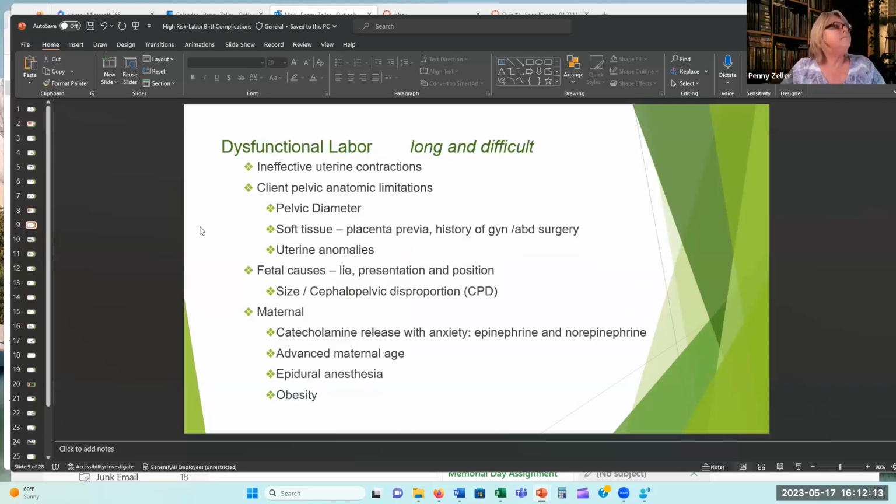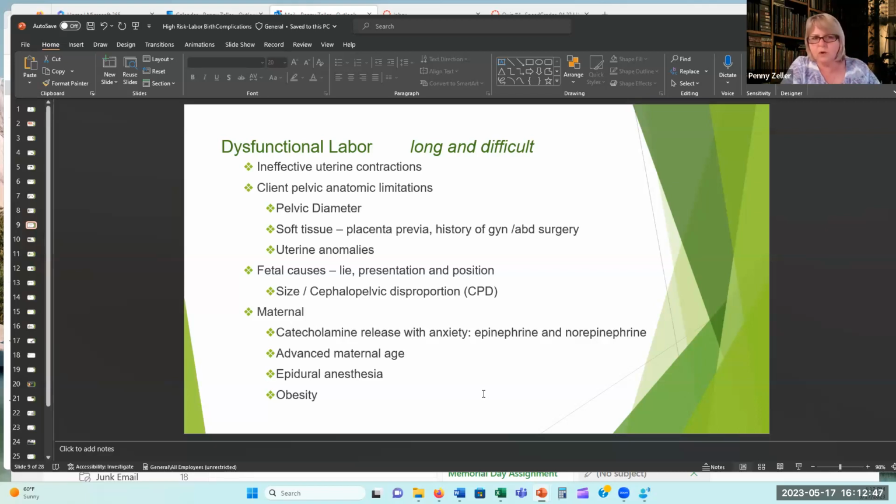Good question. So this PowerPoint goes over all the different causes, or etiology, of possible dysfunctional labor. We've talked about some of it, but I want to bring up, other than the anatomy of the mother and the size of the baby, ineffective uterine contractions. Remember, when our client gets anxious, the uterus will not contract effectively.